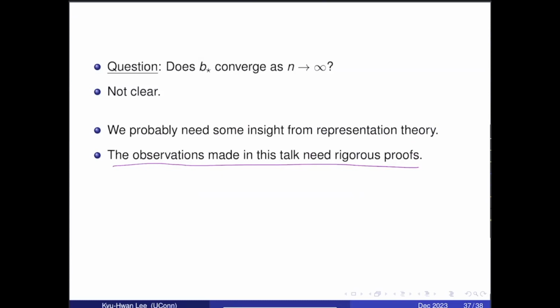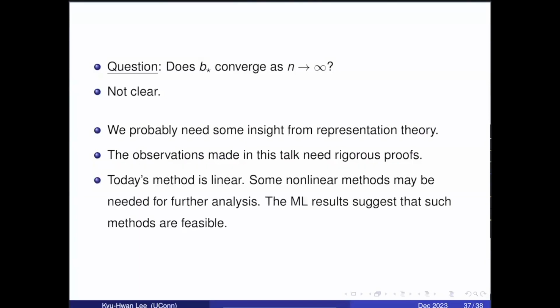Again, the proofs should come from representation theory, and other things are independent of representation theory. But anyway, today's talk is a data scientific thing, and rigorous proofs are needed. Another aspect is that today's method is linear. There were no nonlinear methods in our interpretation. All our interpretation methods were linear. Some nonlinear method may be needed for further analysis.